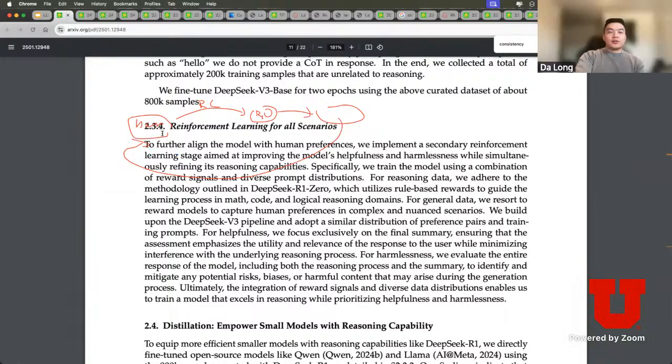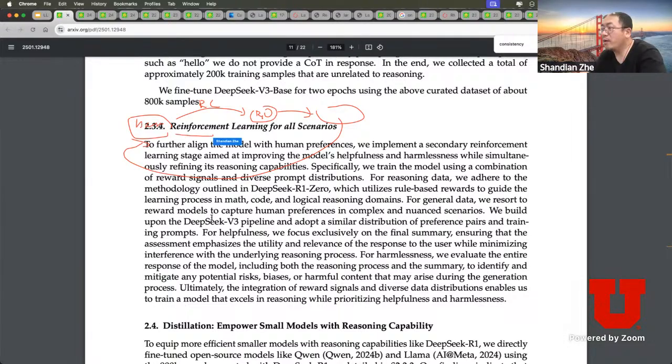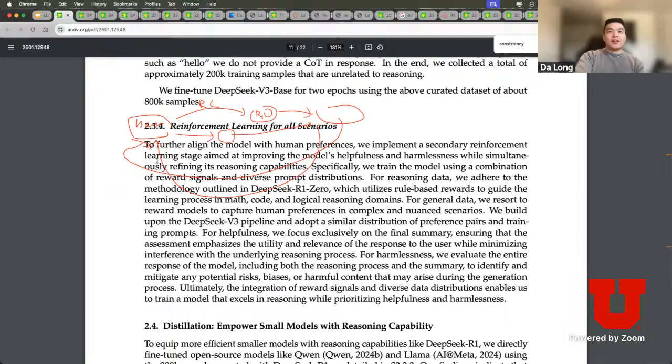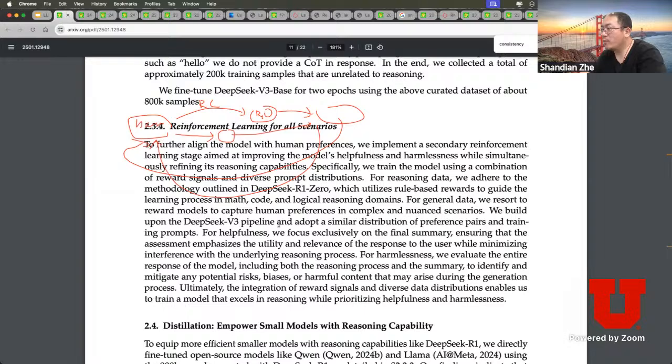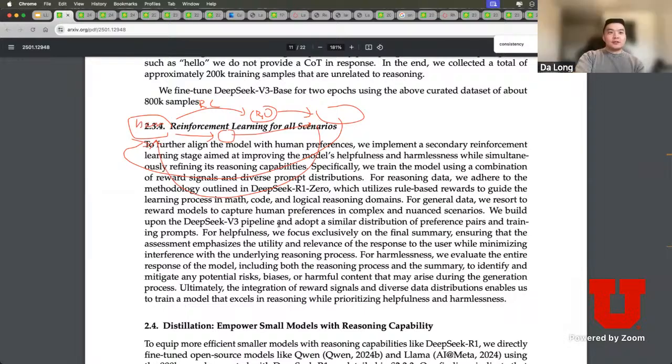Fine-tune and apply reinforcement learning to get another set of data. Now you use this data to fine-tune the baseline model again, and then do another round of reinforcement learning. Yeah. Okay.